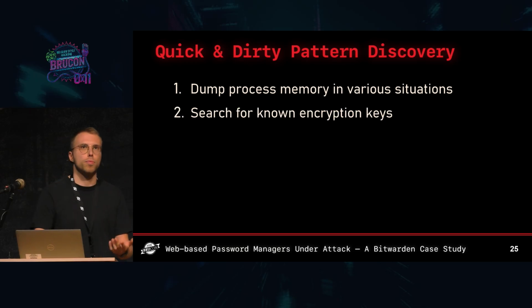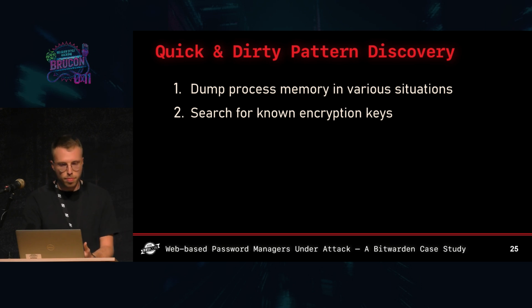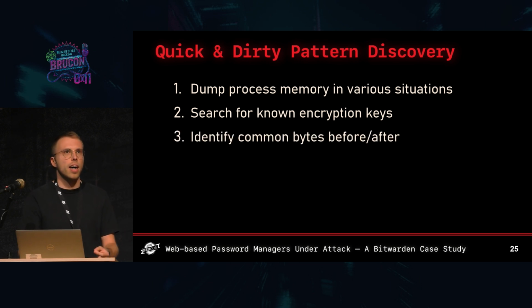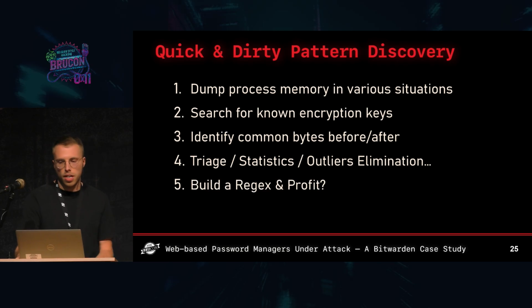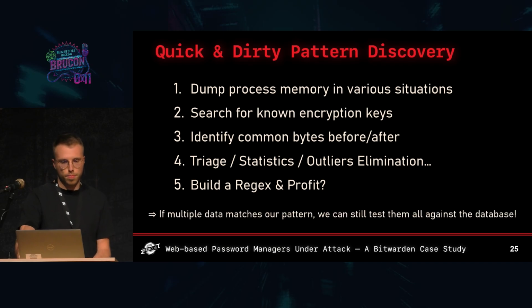Then I went for my known encryption keys and started to identify bytes before and after my encryption keys to see if I could get a pattern that emerges from this search, and we'll do statistics, we'll try to get rid of outliers and so on, and eventually try to get a regex that, given any process dump, is able to get the encryption key from the dump.